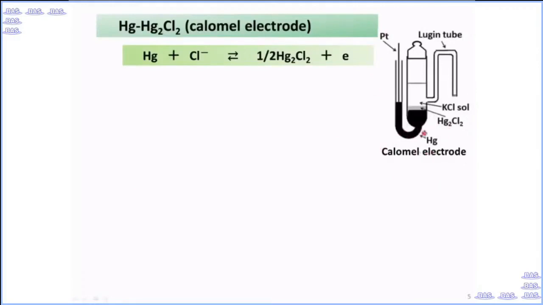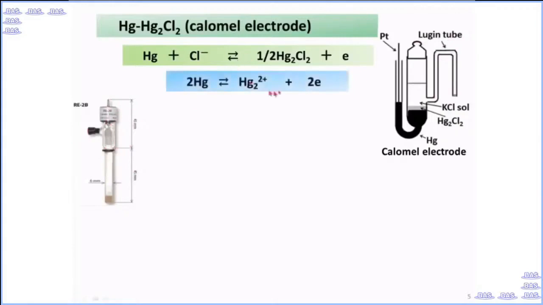This is mercury, and its mercury salt, Hg2Cl2, and this KCl solution. This tube is to escape contamination from chloride ion. This is a commercially available calomel electrode.